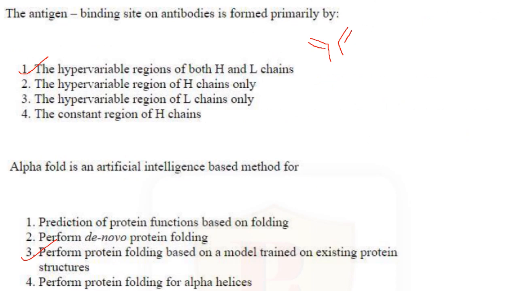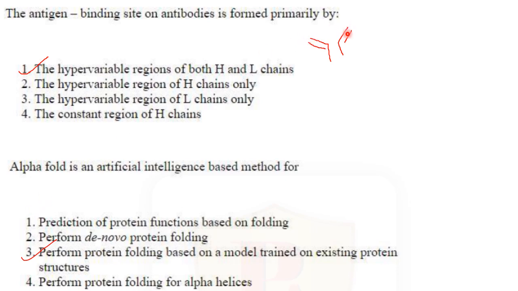Then next one. The antigen binding site on antibody is formed primarily by. So this is the antigen binding region.